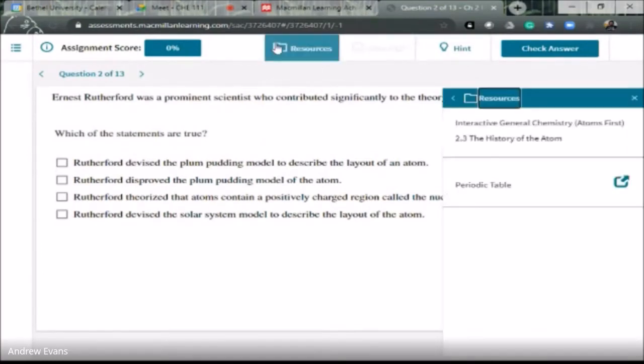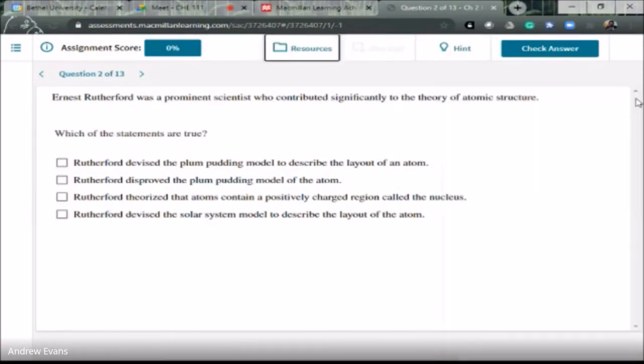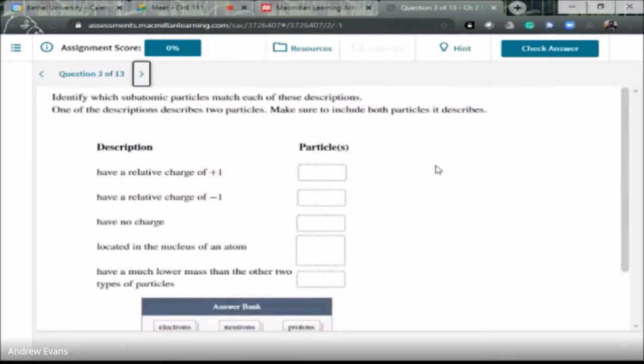You could also click the book. You can click right there, and it will go to the portion of the ebook where that's at. So if it's like, oof, I can't remember this, I don't have the slides in front of me, you can always go to the ebook, open in a new window, and see exactly what it says about Rutherford. So don't feel like you have to guess.